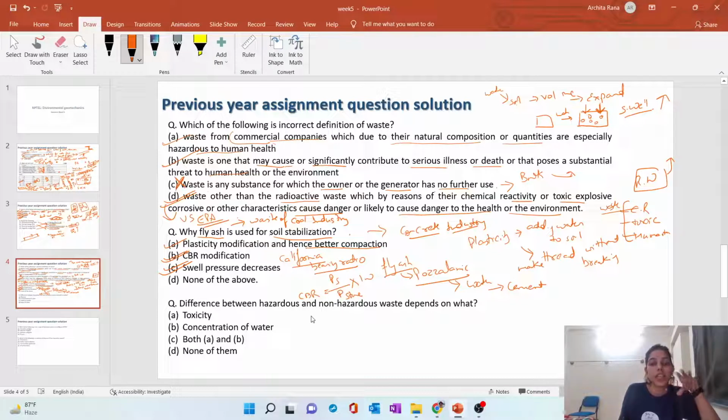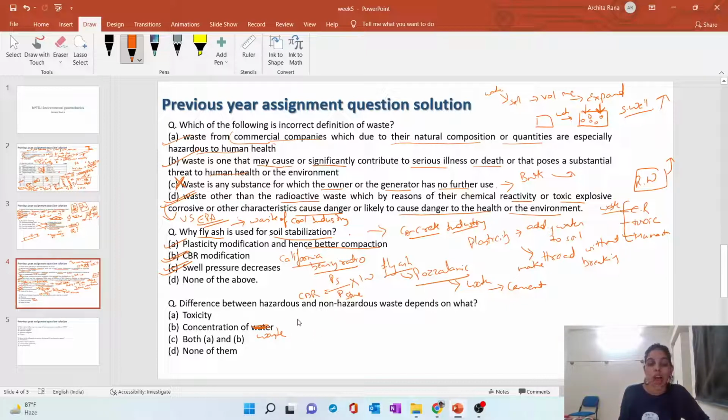Now, one of the things that sir has discussed is how you define whether a substance or waste is hazardous or non-hazardous. He discussed that any waste, even radioactive waste, in a small quantity is actually not that hazardous.